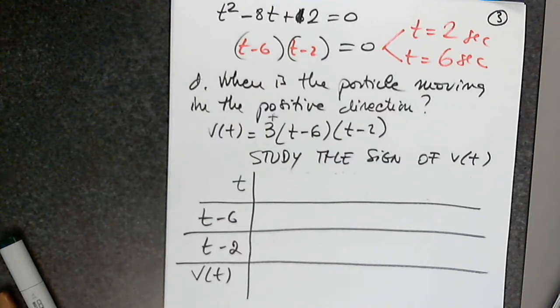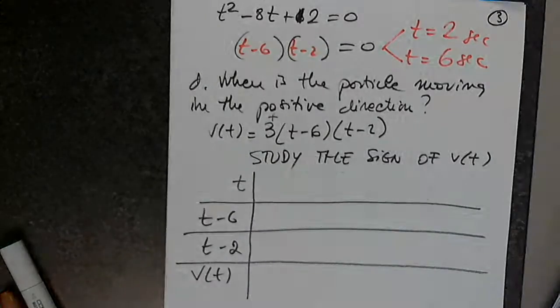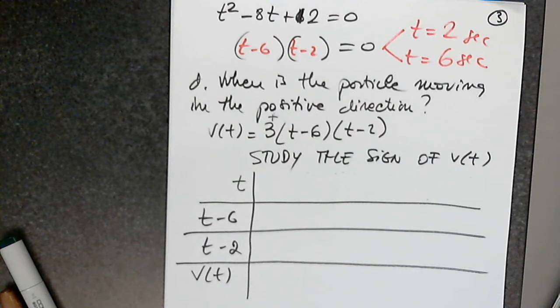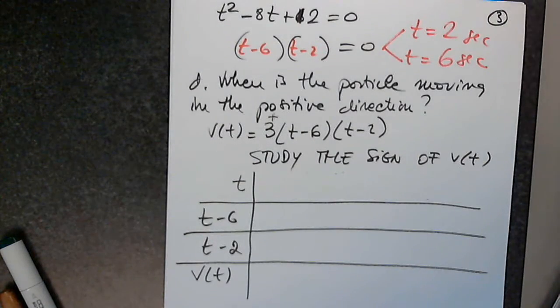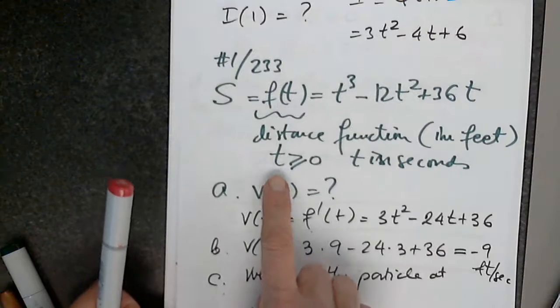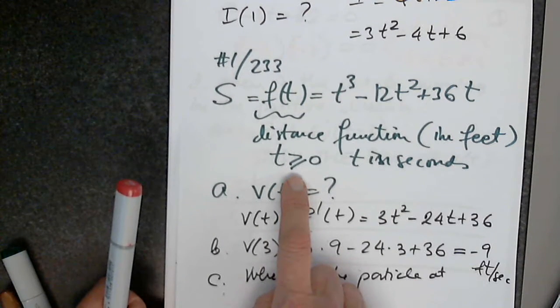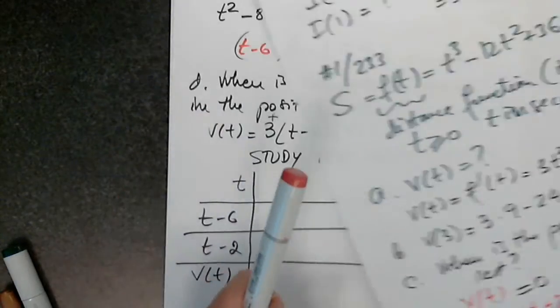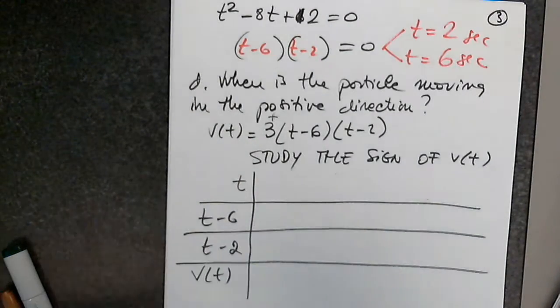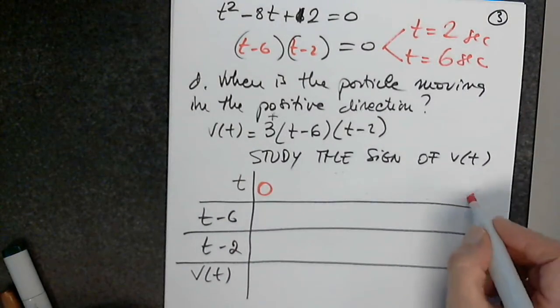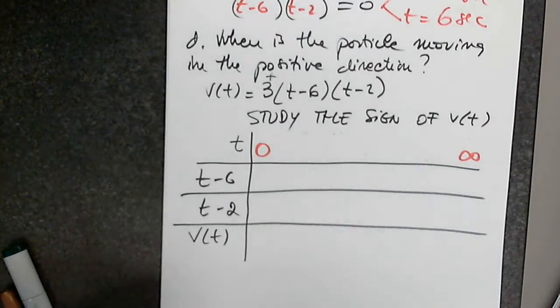What is the domain? Where does t start? T is time in seconds. It has to start at 0 and go to positive infinity. Okay, so t, 0, infinity. Good.